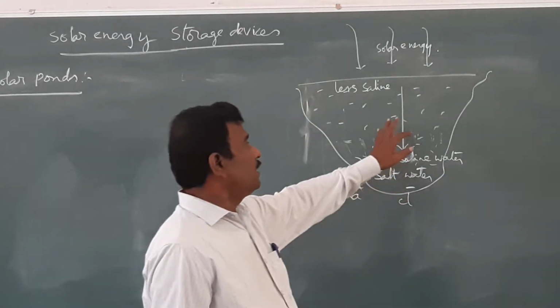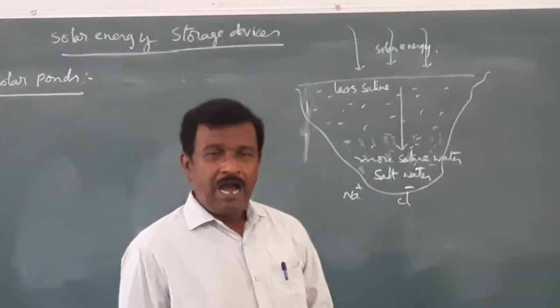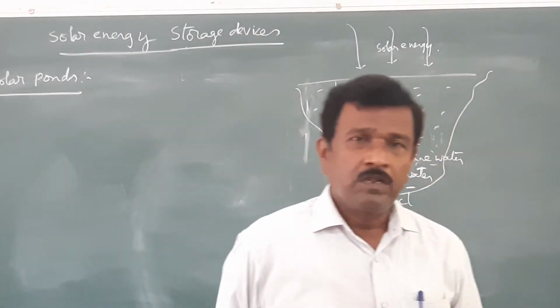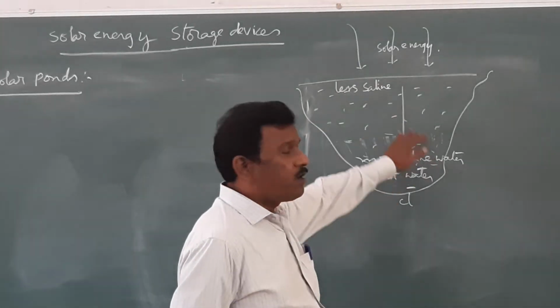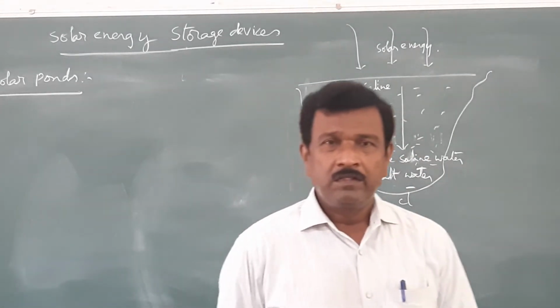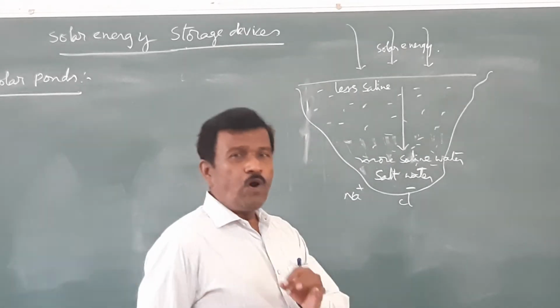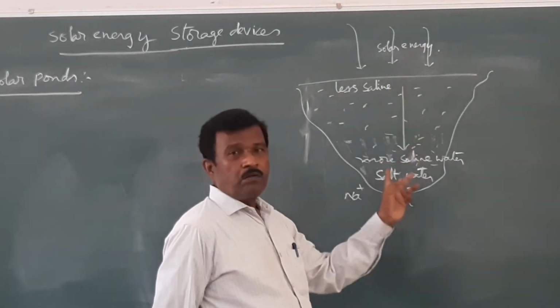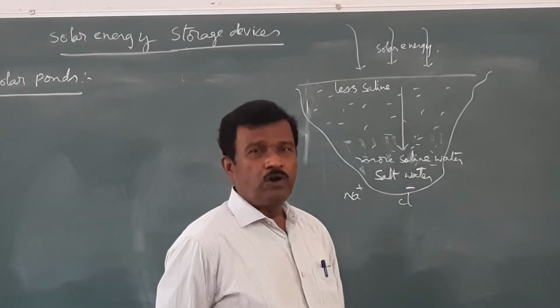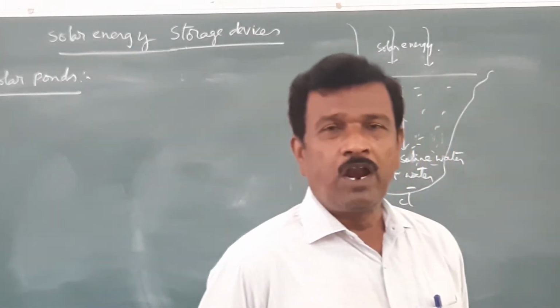After utilizing the solar energy, again you can obtain the salt that is dissolved in water. Therefore, there is no loss of salt while storing the solar energy in solar ponds.